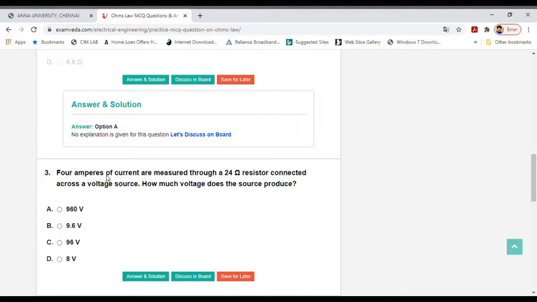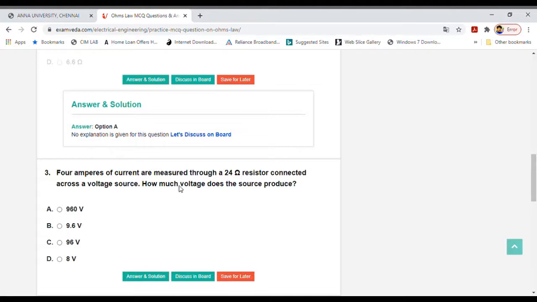Next is: 4 amperes of current are measured through a 24 ohm resistance connected across the voltage source. How much voltage does the source produce? Here they have given 4 amperes of current, so I is equal to 4 amps. And the resistance R is equal to 24 ohms.